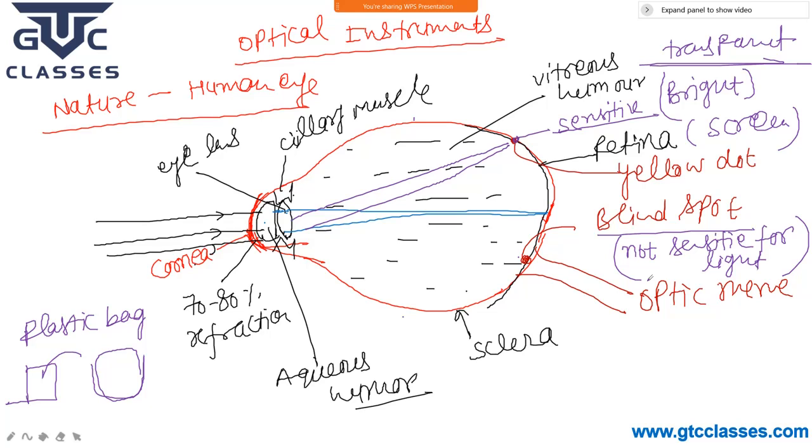Now optic nerve. We know that whatever image we are getting gets converted in the form of electric signals. Those electric signals go through the optic nerve to the neurons in our brain, and finally it is matched with the computer.